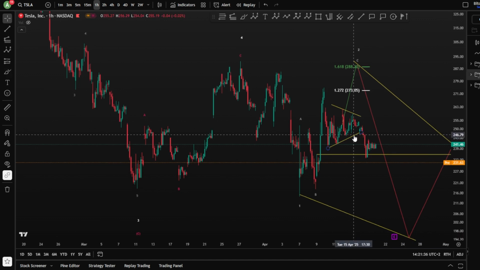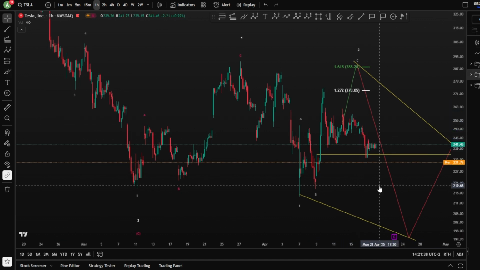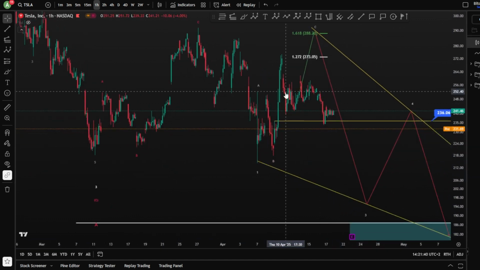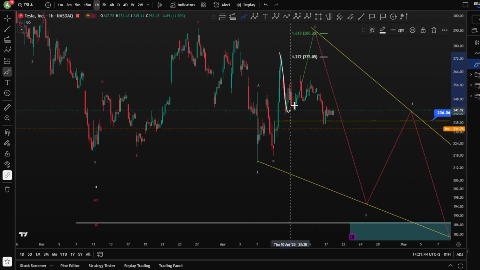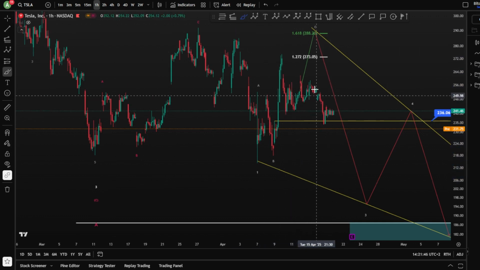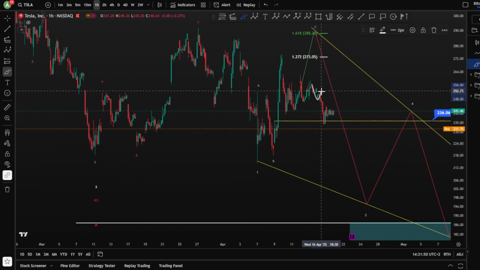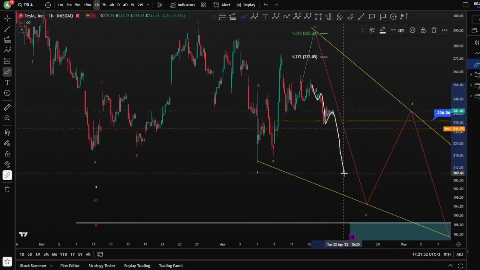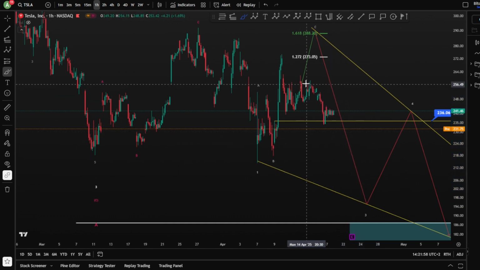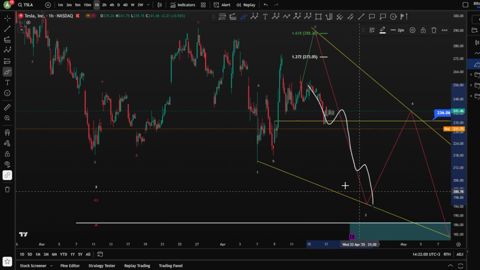As you can see, the triangle was broken here, and we are unfolding a move toward the downside, which might be an A, B, and a C for the zigzag. And this is a start for the impulse here, where you see a 1, 2, 3, 4, and a 5. It means that this being only a wave 1 is very, very possible, guys.